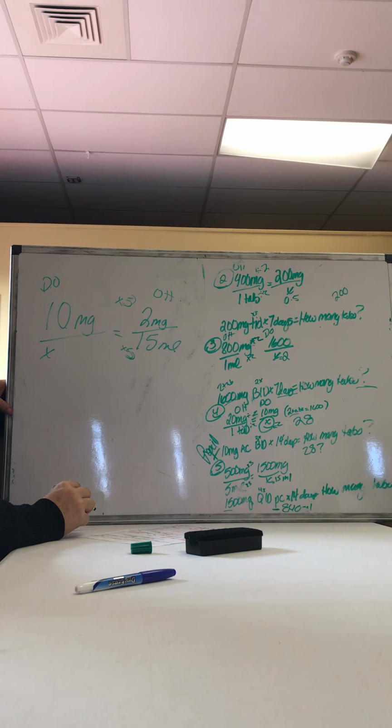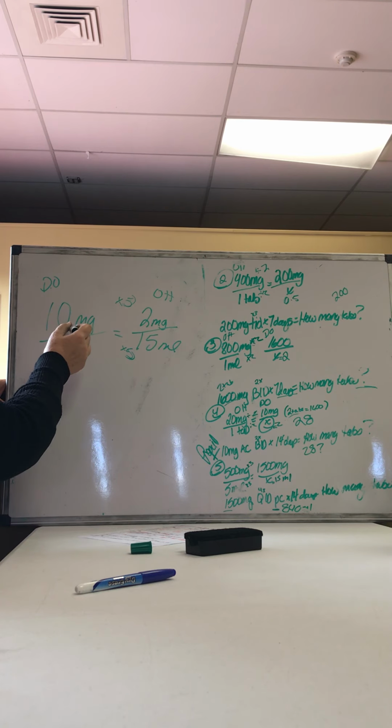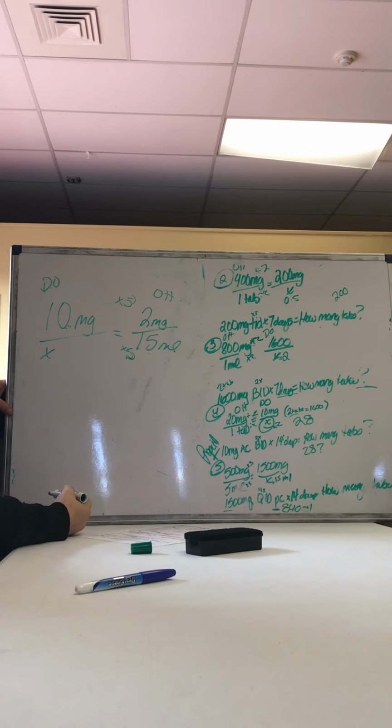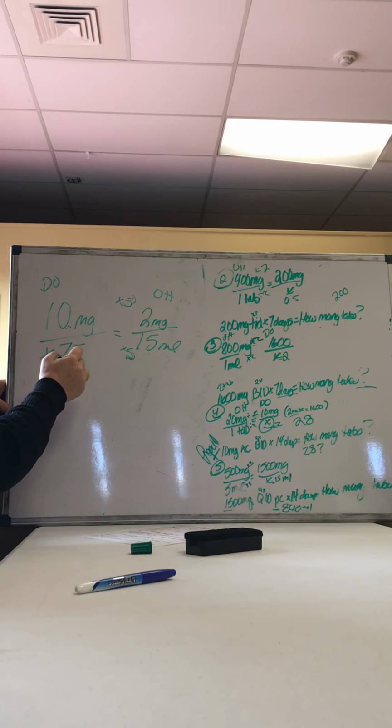I just lost myself. You can use a calculator. If you time 5 to get 10, you time that. Let's do 15 times 5. 75. 75 is your answer.